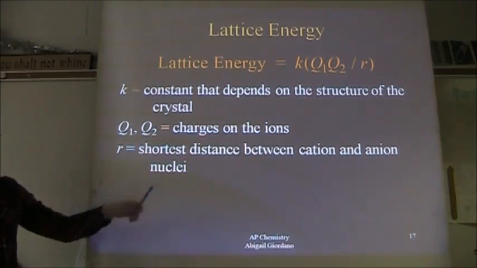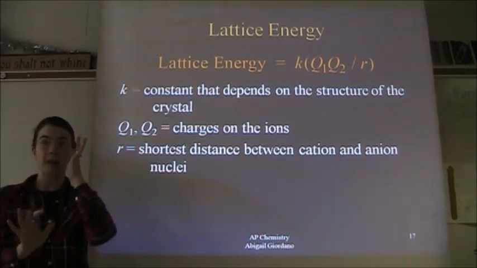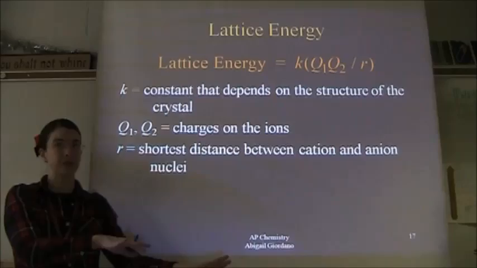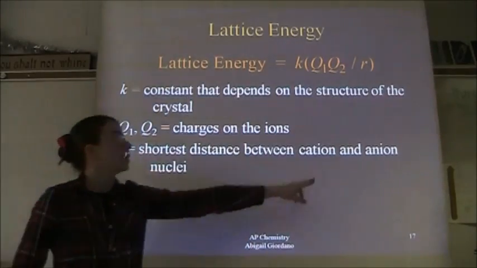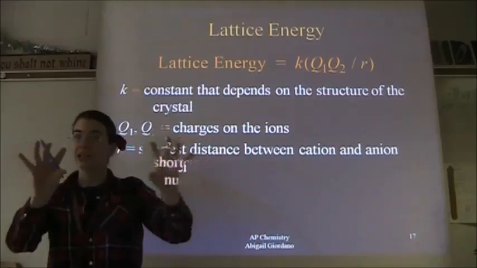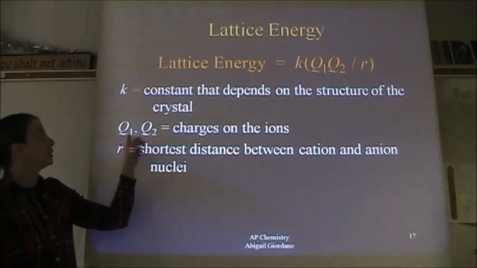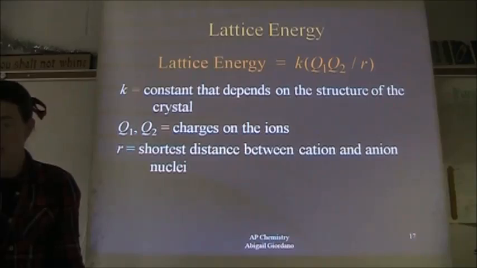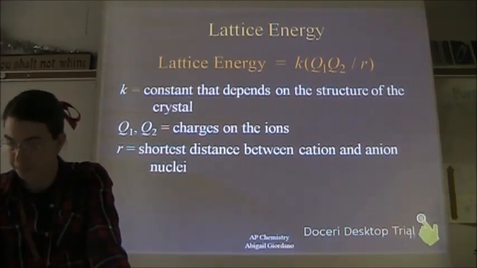R is the distance between your two ions. Remember, we're talking about an ionic compound. So we have a cation, we have an anion. This is the distance between the ions. Let's talk about Q1 and Q2, and I'm going to give you an example here.